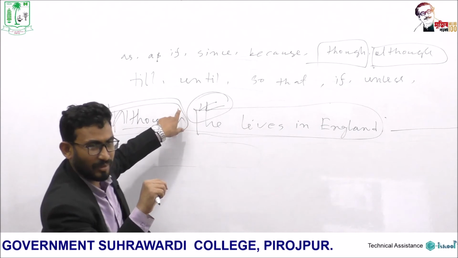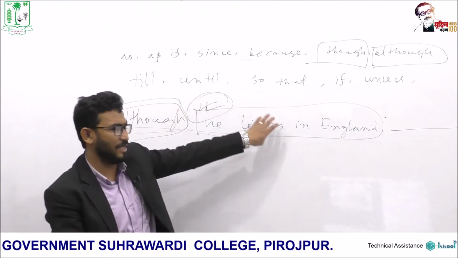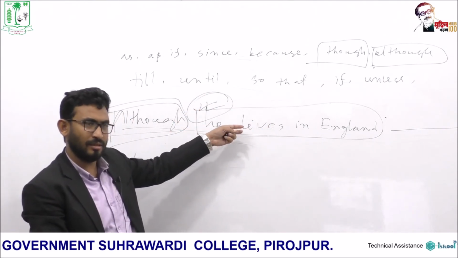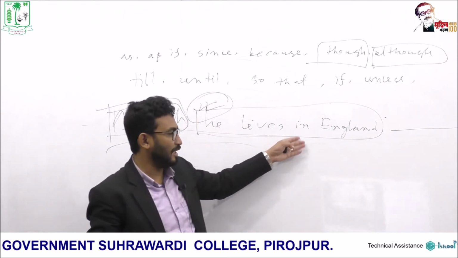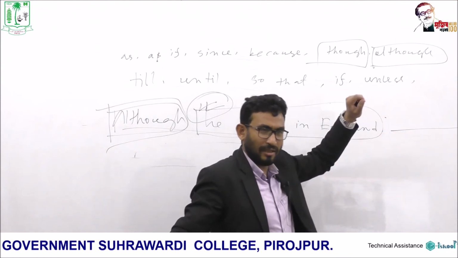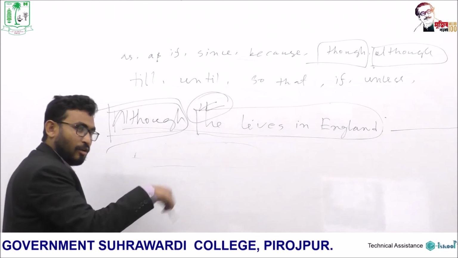Here, for example, although indicates that you have to write a complex sentence, and the clause with although is subordinate, so then you need to write a principal clause. But I can show one more example.